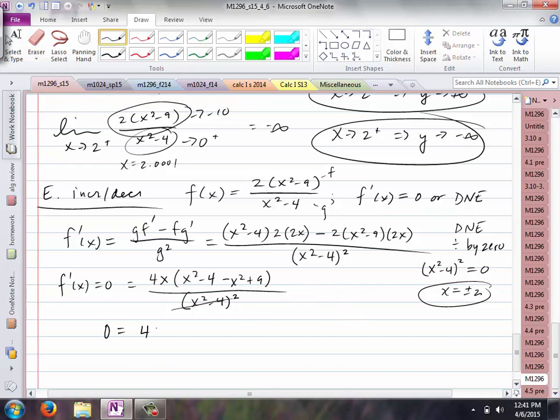I'm lazy. So we have 4x, parentheses, and then x squared minus x squared is 0 actually, so we're left with what? Negative 4 plus 9 is 5. So the only solutions to this are x equals what? 0. So that's another critical value.